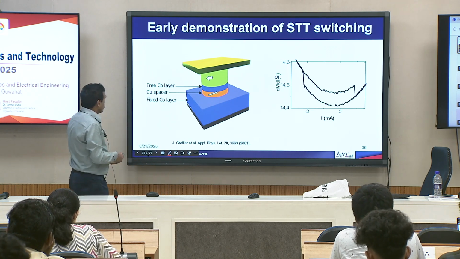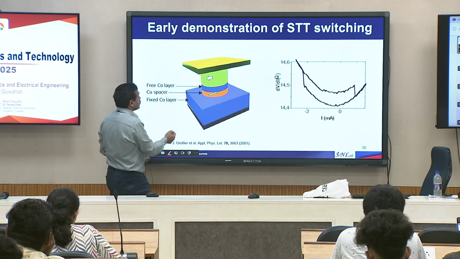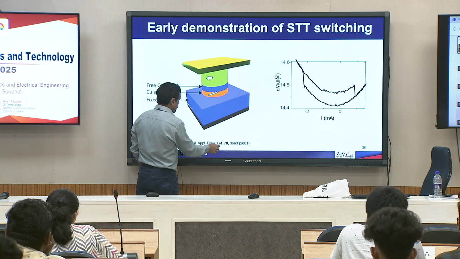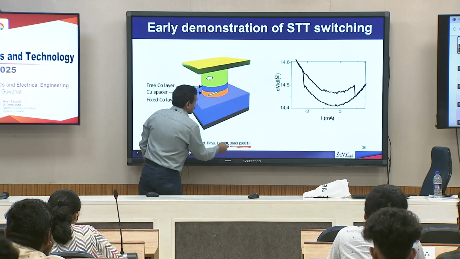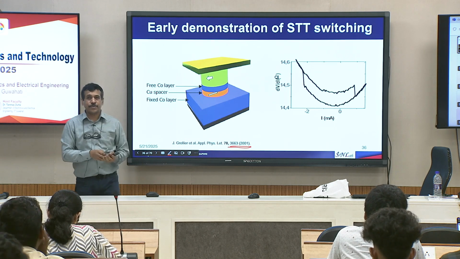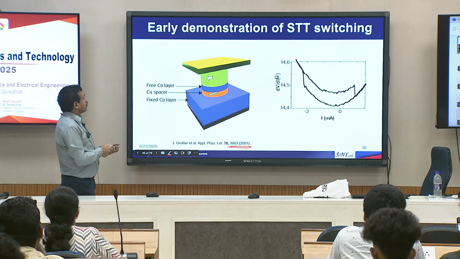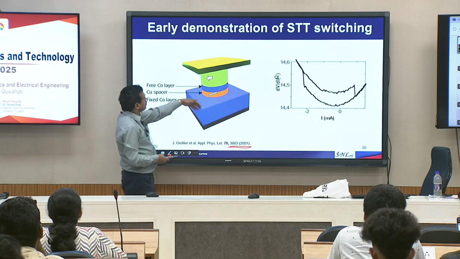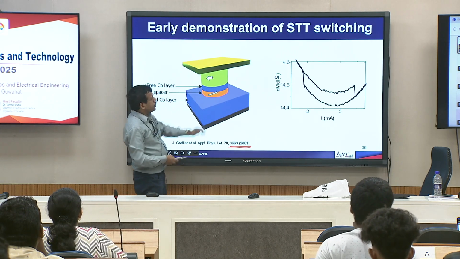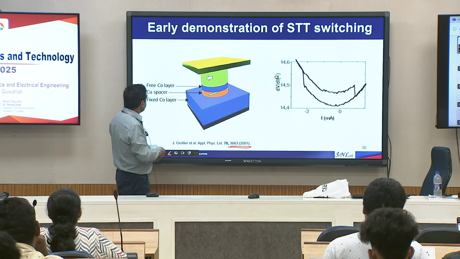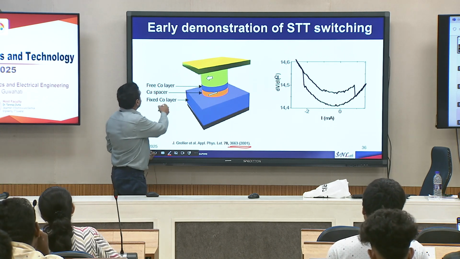Okay. So, this is one of the earliest studies of spin transfer torque switching. Around 5 years after the theoretical prediction, people showed that you can switch magnetization of layers by sending current through them.